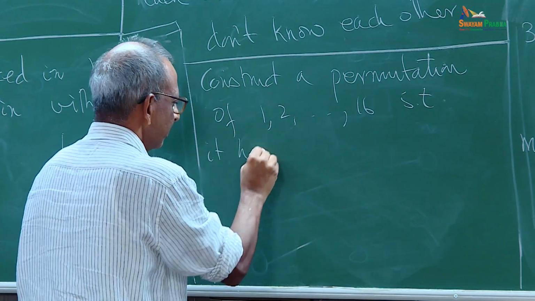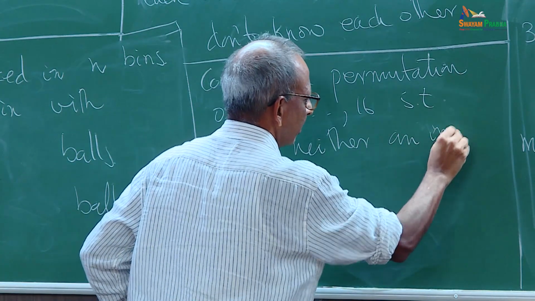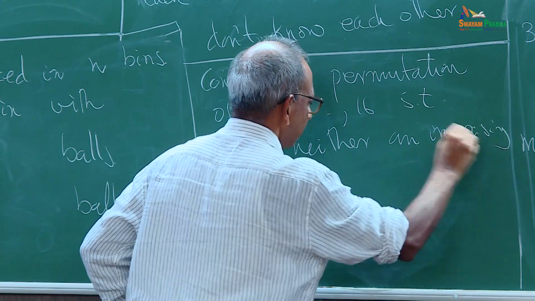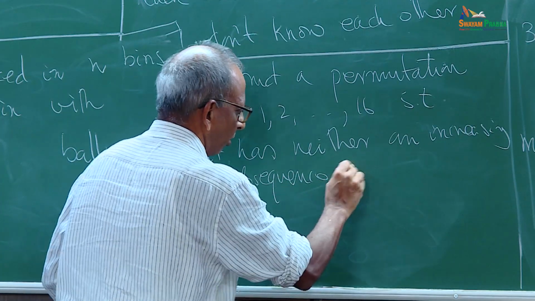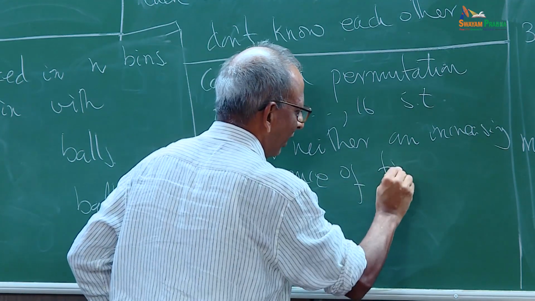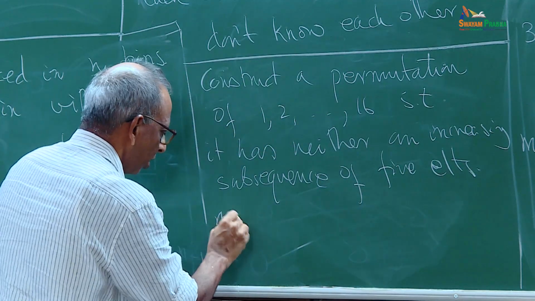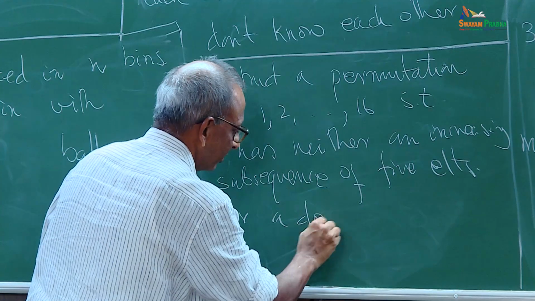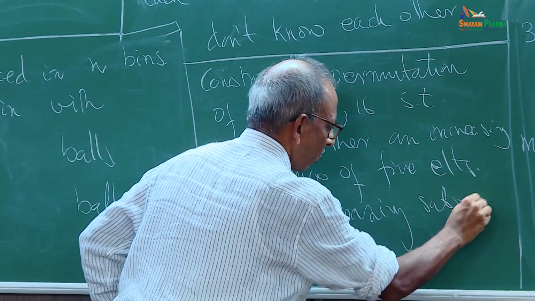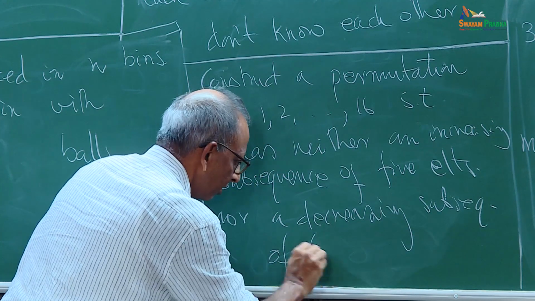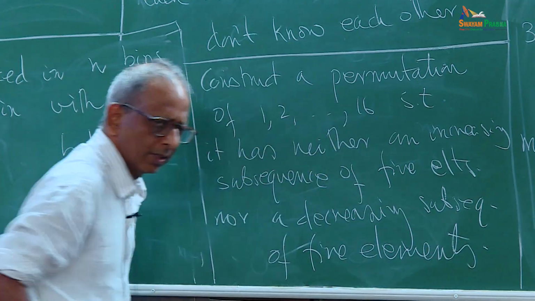It has neither an increasing subsequence of 5 elements, nor a decreasing subsequence of 5 elements.